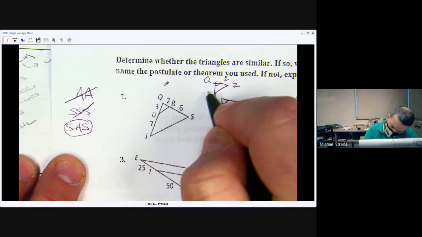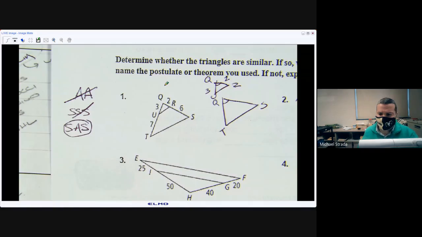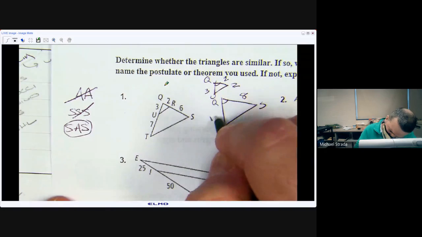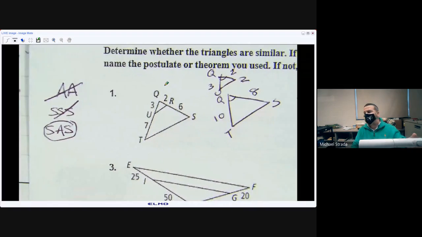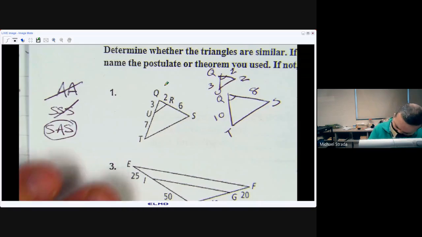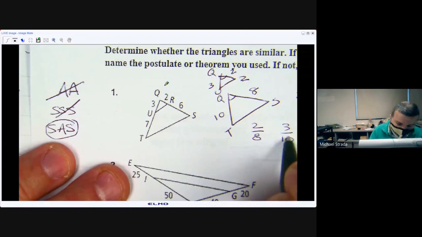So that's 2, that's 3. That's 8, and that's 10. Everybody understand that part of it, the 8 and 10? Now I'm going to set up a proportion, 2 over 8 versus 3 over 10.